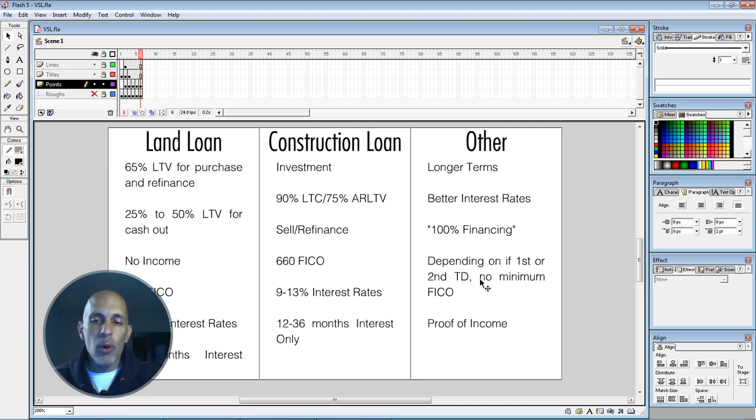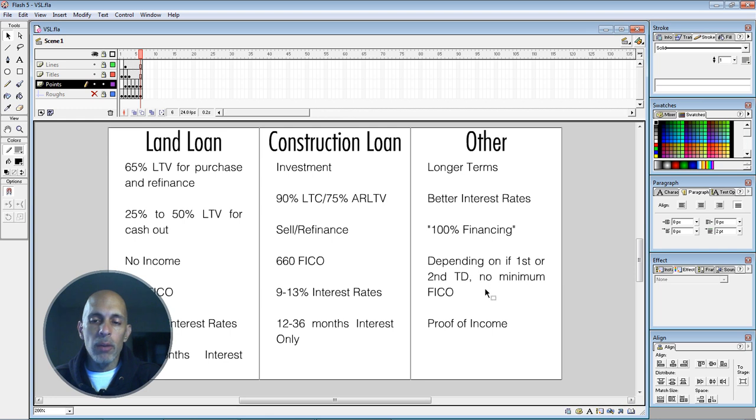And if we have to go hard money, there's no minimum FICO required. The interest rates are obviously higher, but it's doable because you don't qualify for this anyway. And depending on how badly you need this money, that may be the way to go. Some of these loans will require proof of income. So if we're going full doc like a HELOC or a HE loan, that will require proof of income.